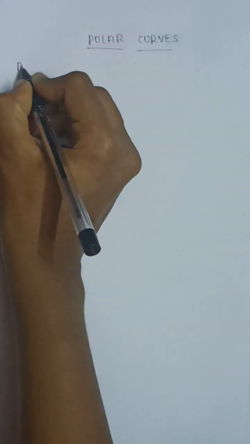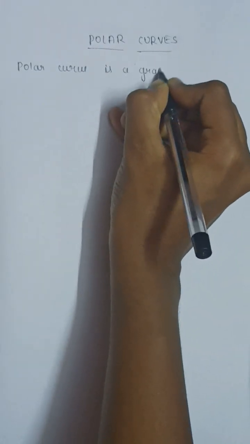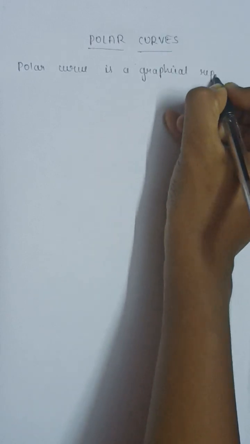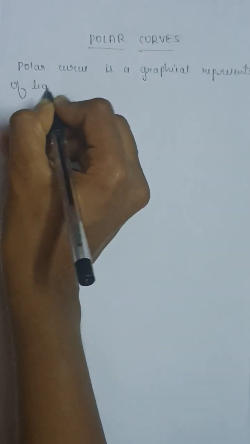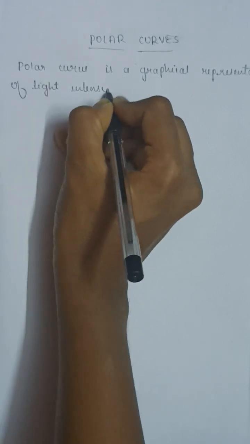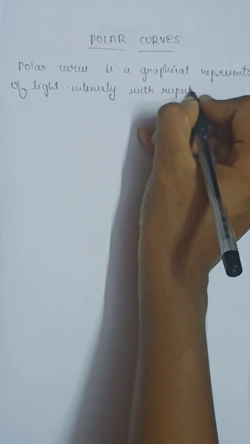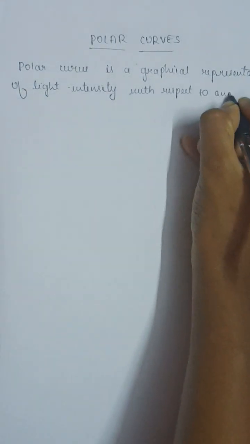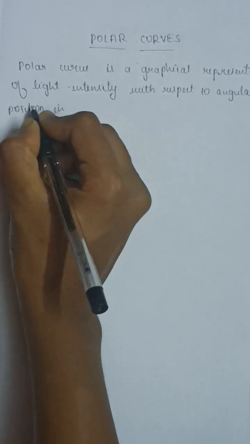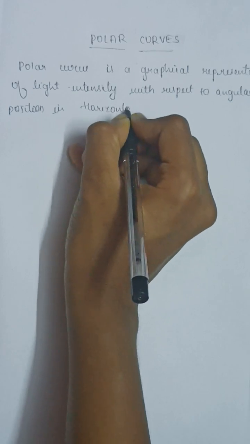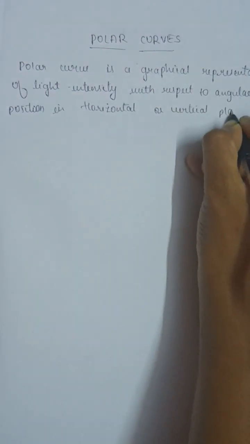A polar curve is a graphical representation of light intensity with respect to angular position in horizontal or vertical planes.